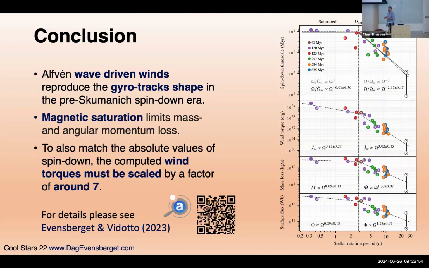Of course, the mass loss is an important factor in the computation of the angular momentum loss, so this also limits the angular momentum loss. That's the mechanism behind this. And to get the absolute values as well, we have to apply a scaling factor of 7. Thanks.